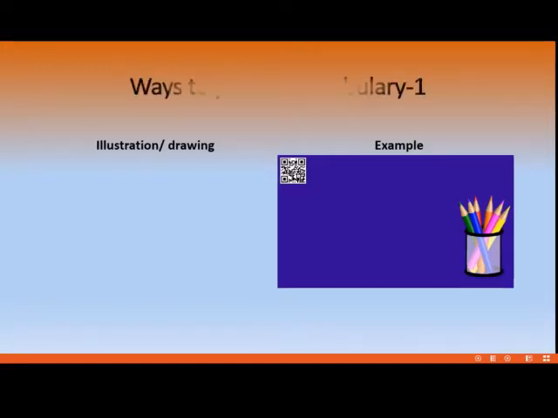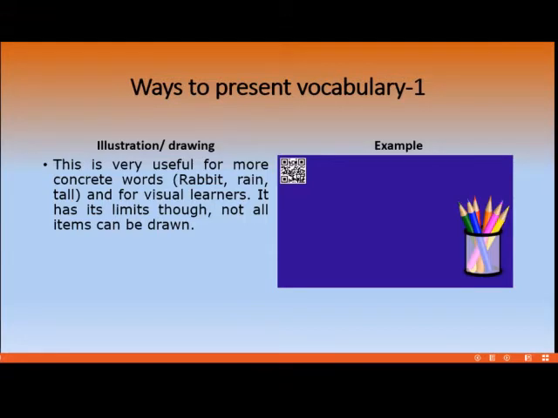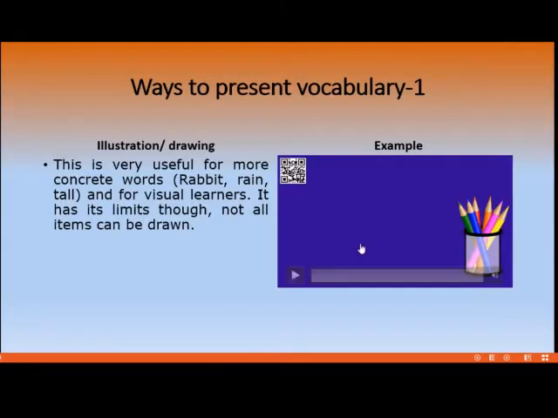Number one, illustration or drawing. This is very useful for more concrete words like rabbit, rain, ball, and for visual learners. It has its limits, though; not all items can be drawn. Let us see.